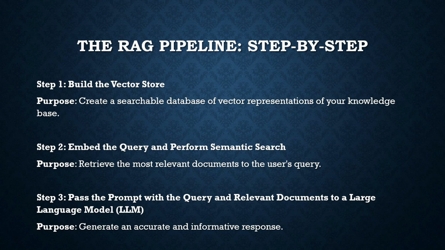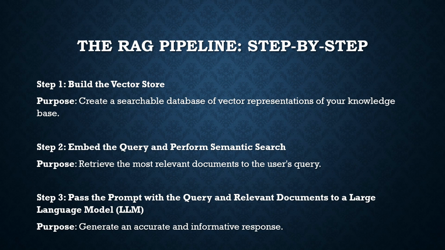This step again uses two main components, which are prompt engineering and LLM inference. In prompt engineering, the relevant documents and the query will be structured into a prompt that provides context and guides the LLM's generation process.